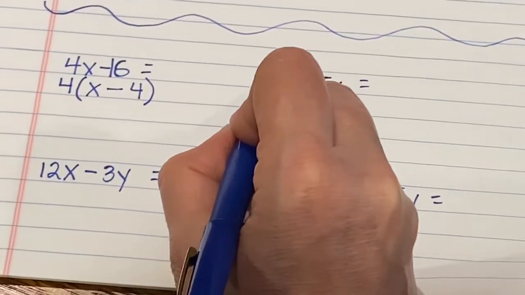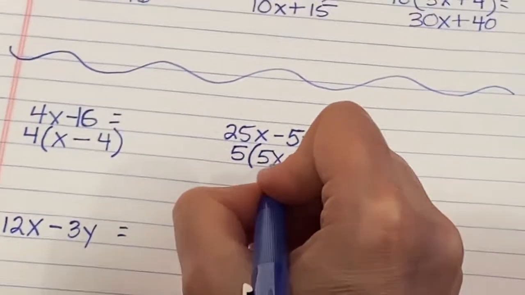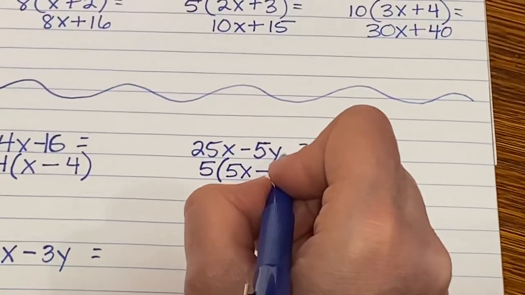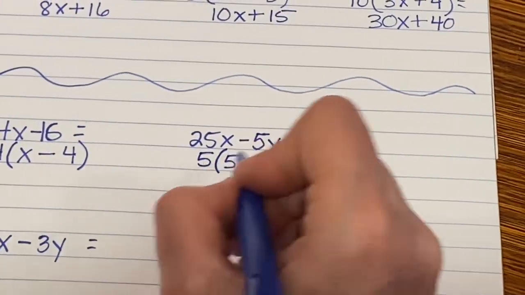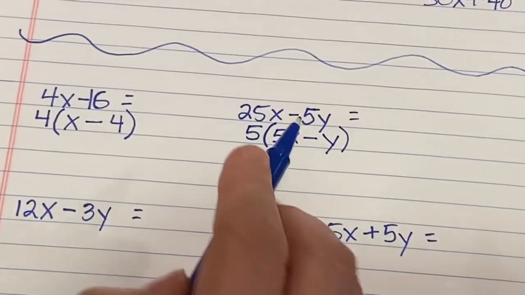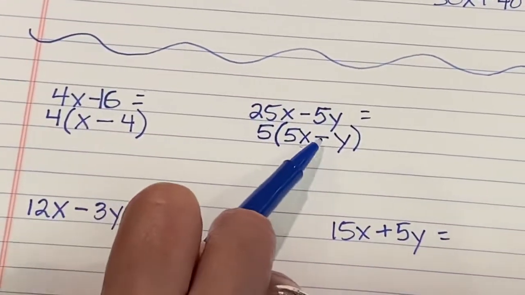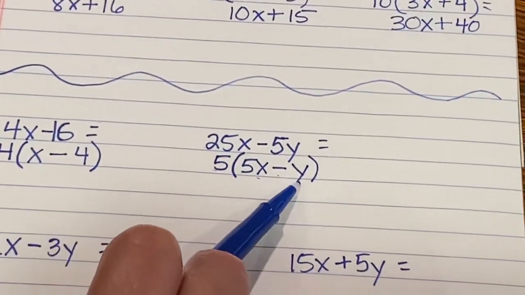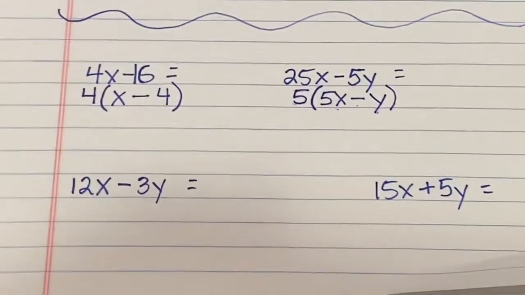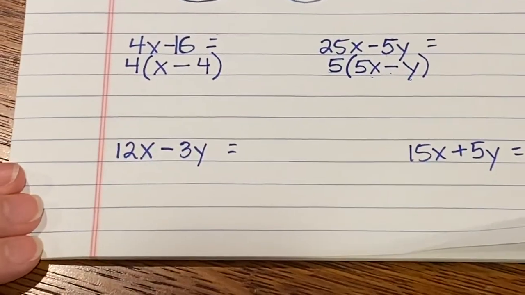What times 5 equals 25? 5x minus 5y. Well, it's already 5, so it's just minus y. Make sure it makes sense. 5 times 5x equals 25x, minus 5 times y equals 5y. Yep, they're equivalent.